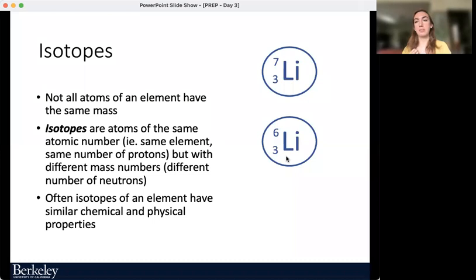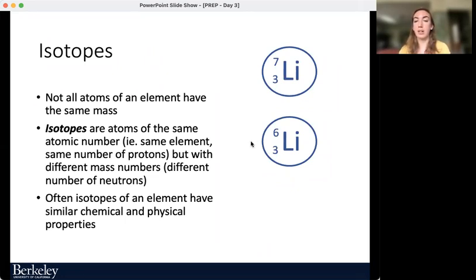Because these different isotopes have the same number of protons as each other, they will have the same number of electrons as each other. And because the electron cloud is what interacts with other atoms, they'll behave approximately the same, because that number of electrons is what matters the most. But it will have a different number of neutrons and therefore a different mass.